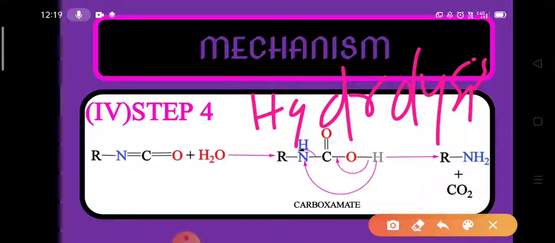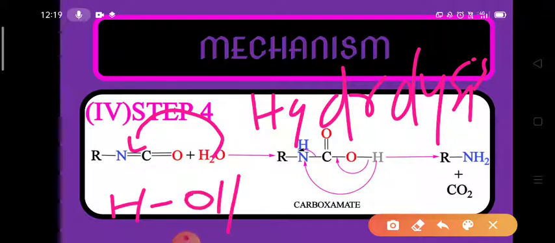And when water molecule attacks on the isocyanate, we have to recollect the formula of the water, that is HOH. Here we know very well that plus charge is present on the hydrogen atom and minus charge is present on the OH minus ion. Compared to the carbon, nitrogen is more electronegative.